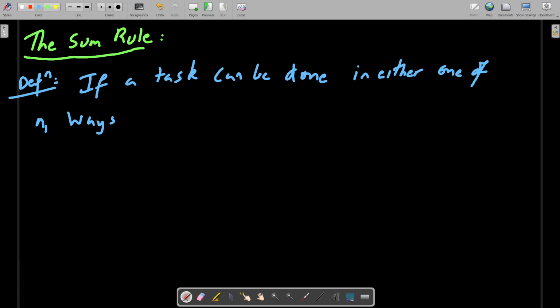Okay, N1 ways. This looks like Y. Just ignore my handwriting. It's coming out bad because I'm sitting like this. Can be done in N1 ways or N2 ways.